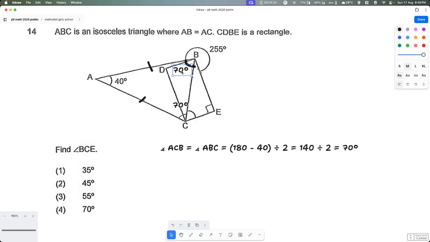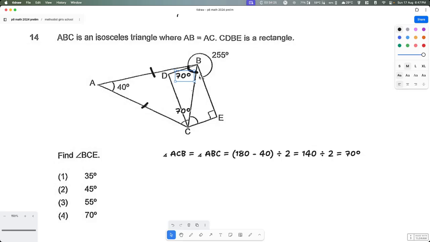Okay, so from here we can get this little angle, right? So angle CBE is equal to 360 minus 255 minus 70.